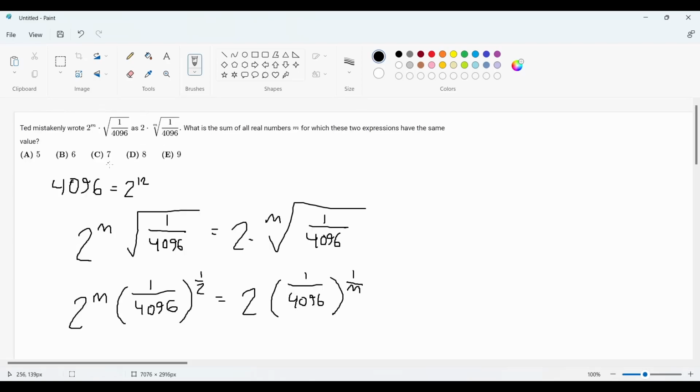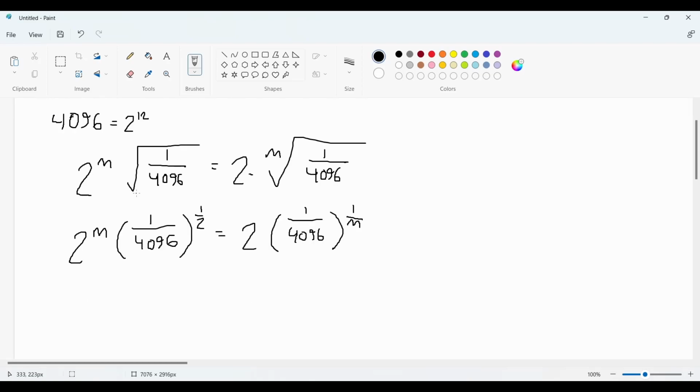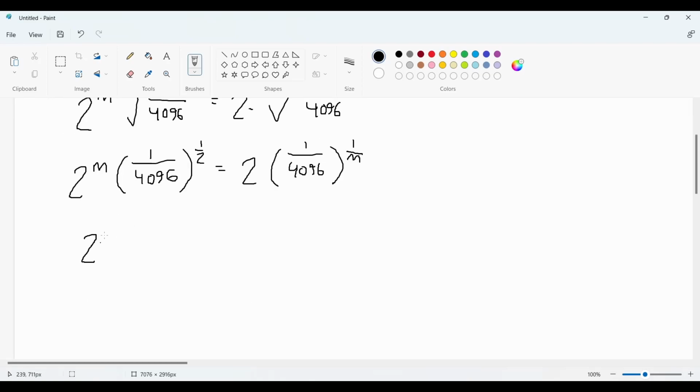And now I'm going to use the fact that 4096 is 2 to the power of 12 and rewrite these. This is 2 to the power of m times 1 over 2 to the power of 12 to the 1/2 equals 2 times 1 over 2 to the 12th times 1 over m.